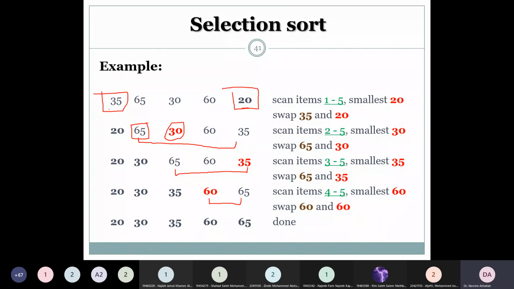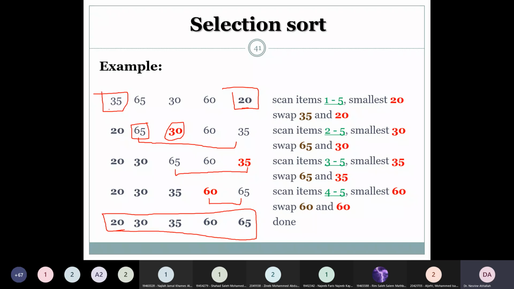So 60 is okay, so we will swap the smallest with the item number 4, okay, and we will have the list sorted, okay? So in this way, at the end, we will have the list sorted, okay?